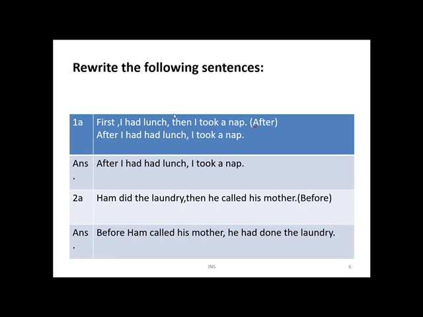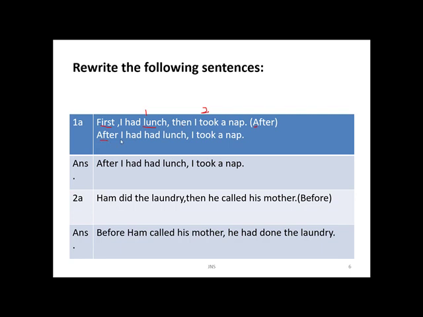As I said before, we have to put the actions in order. So which happened first? I had lunch first, this is the first action, and then I took a nap, this is the second one. Of course, these words "then" and "first" make it clear for me. So I'm going to use "after" in the beginning.